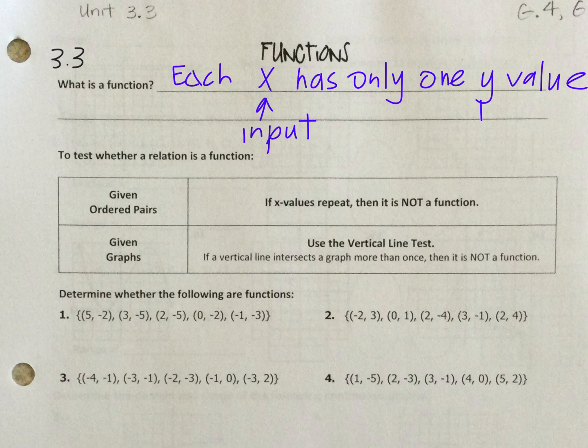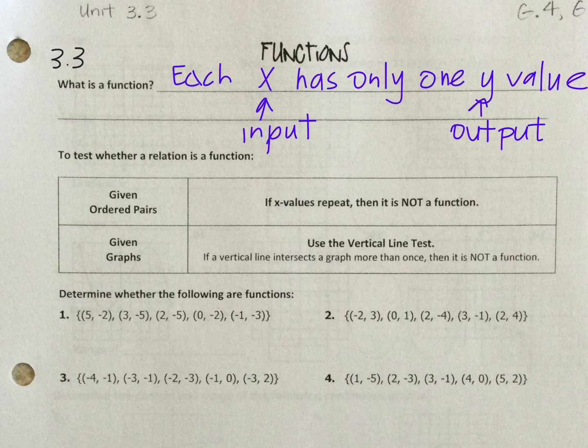And what we get out is our y, which is our output. So all that means is we're going to look at these coordinates, these ordered pairs, and if the x repeats, it is not a function. If there's no repeating of the x, it is a function. If the y repeats, we don't care.